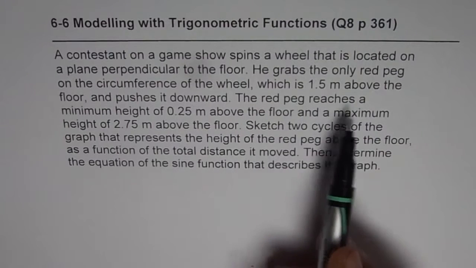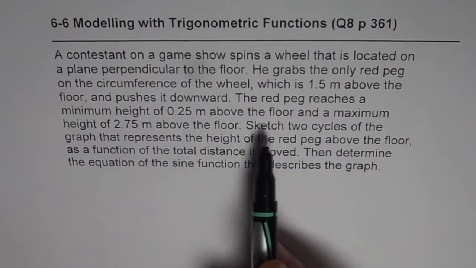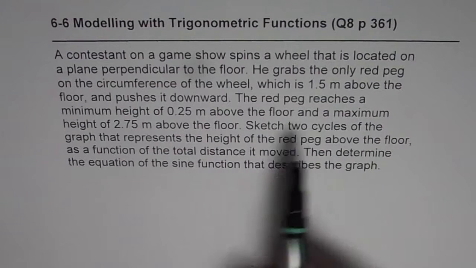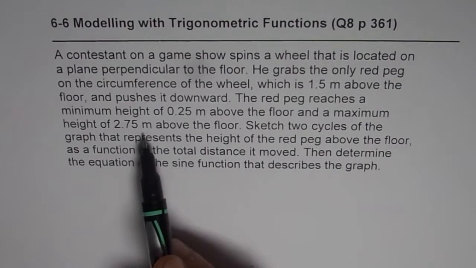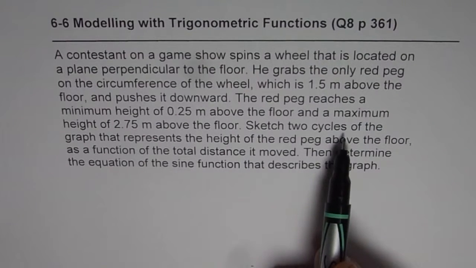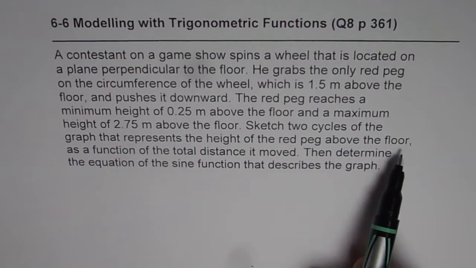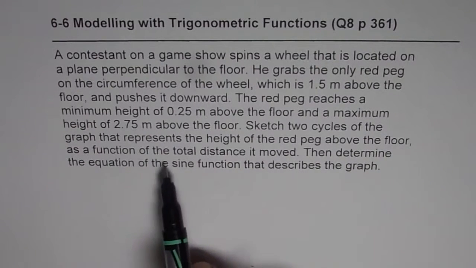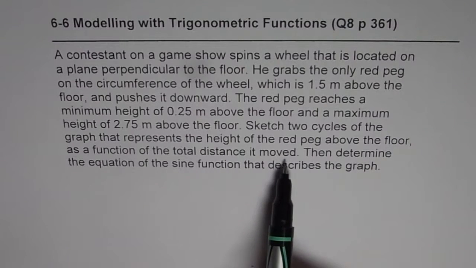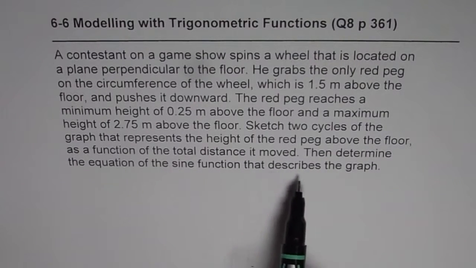The red peg reaches a minimum height of 0.25 meters above the floor and a maximum height of 2.75 meters above the floor. Sketch two cycles of the graph that represents the height of the red peg above the floor as a function of total distance it moved. Then determine the equation of sine function that describes the graph.